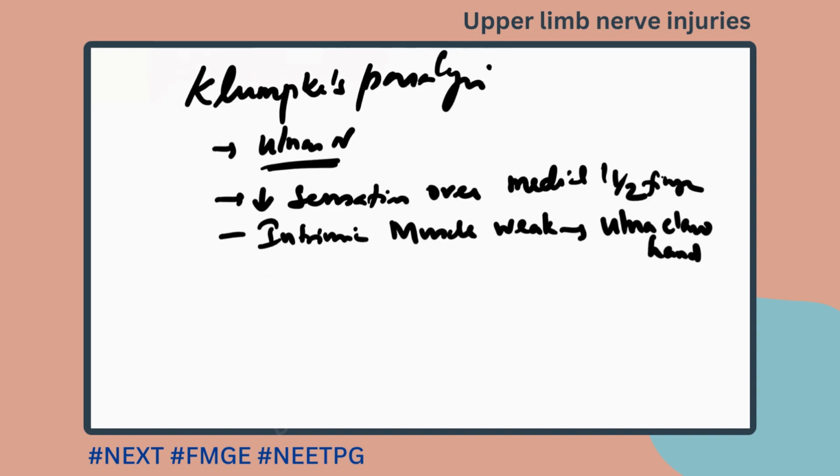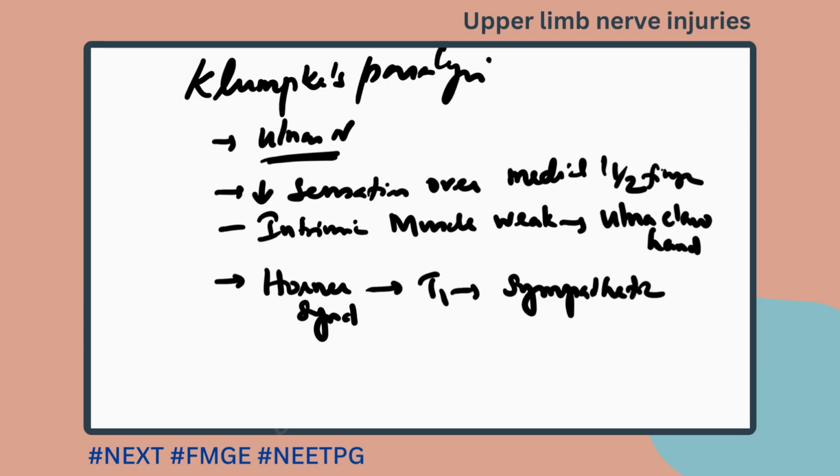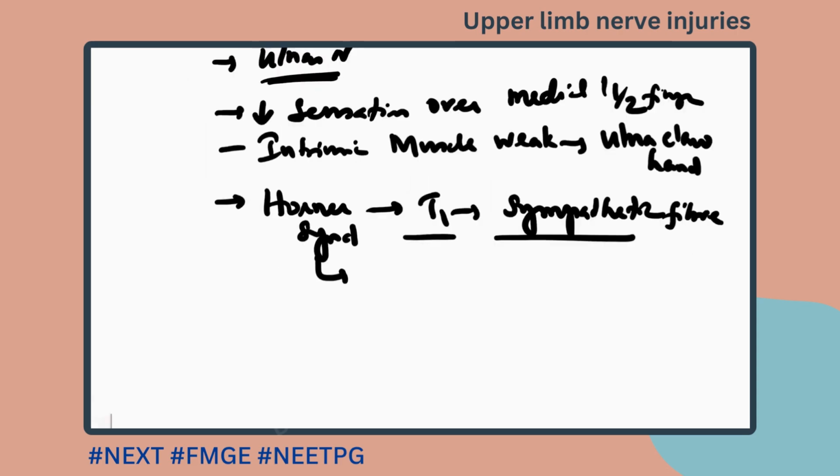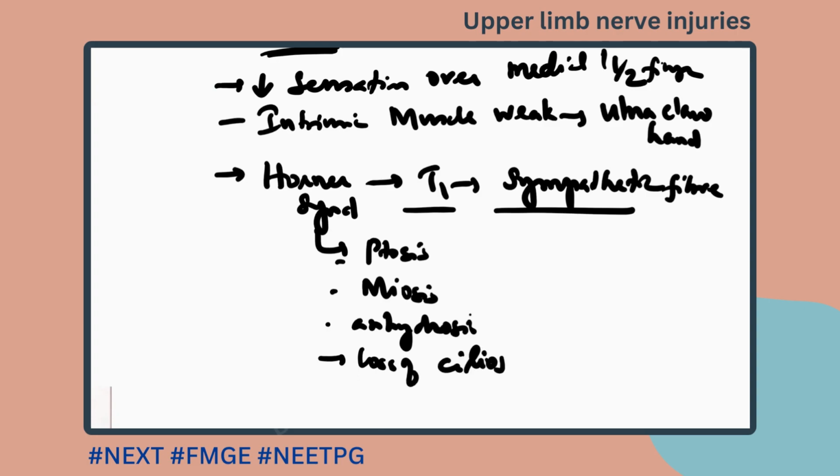Okay, the patient can also suffer from Horner syndrome because T1 carries sympathetic fibers. In Horner syndrome, the patient can present with ptosis, drooping of eyelid, miosis, constriction of pupil, anhidrosis, loss of sweating, and loss of ciliospinal reflex and enophthalmos.